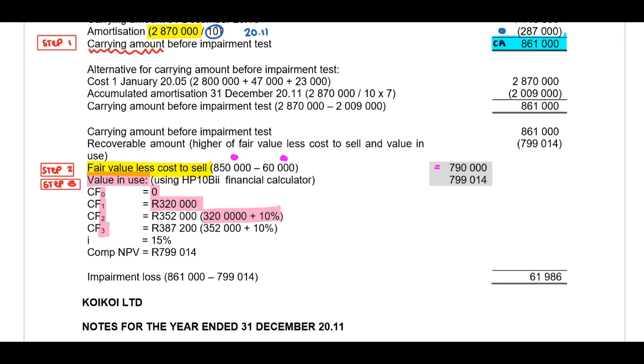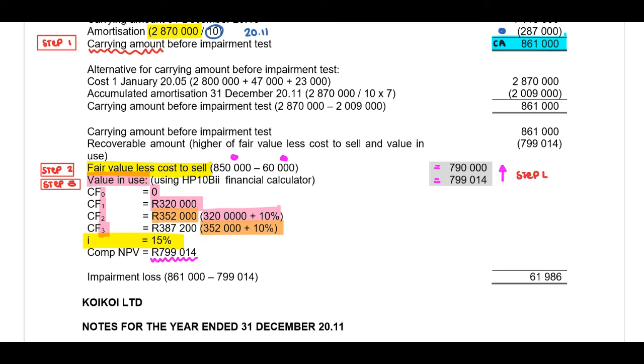Year 3 is my amount of year 2, 352,000 plus 10%. And they've indicated to me my discount rate, this is normally provided in the additional information at the bottom, is 15%. Press compute, and this will be my net present value, 799,014.